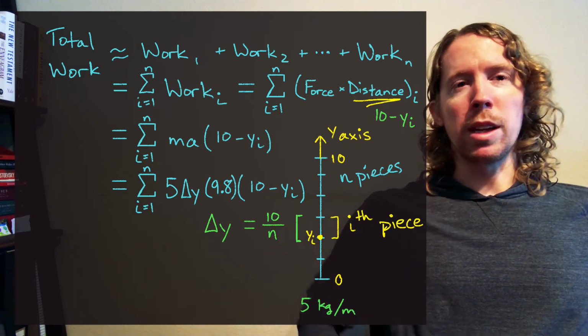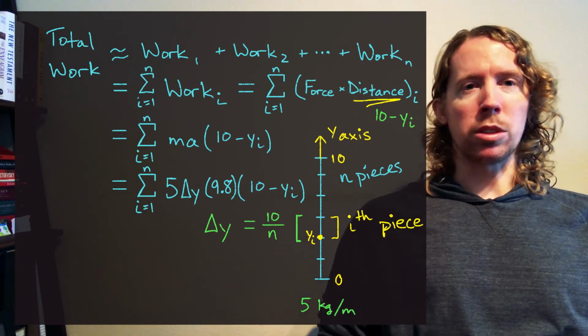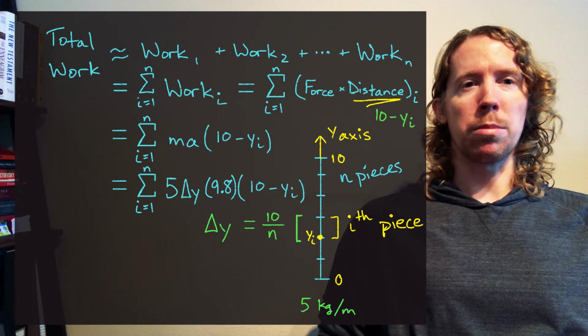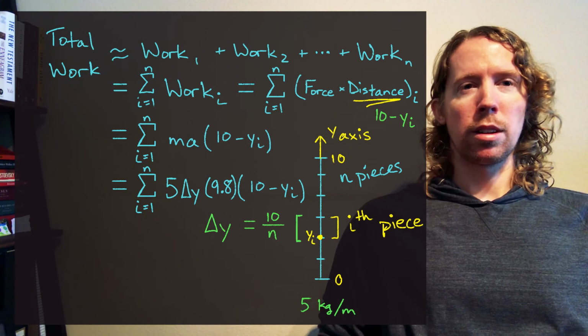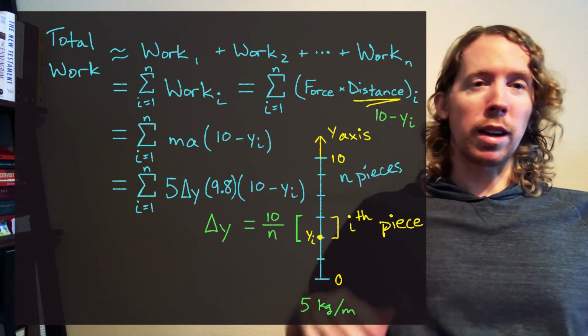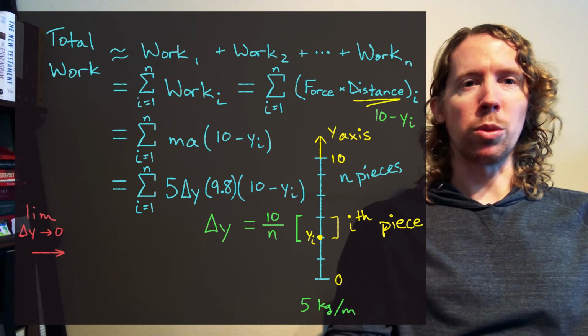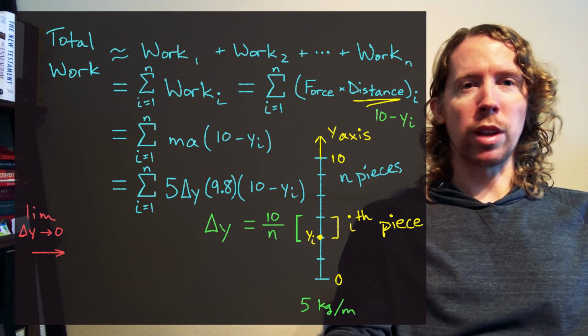And we're using this summation sign. Remember, it's just a nice fancy way of saying that we're adding stuff up that follows a pattern. And then we recognize that this is just a Riemann sum, and when you take the limit, it just goes to an integral. So we can write out the integral nicely.